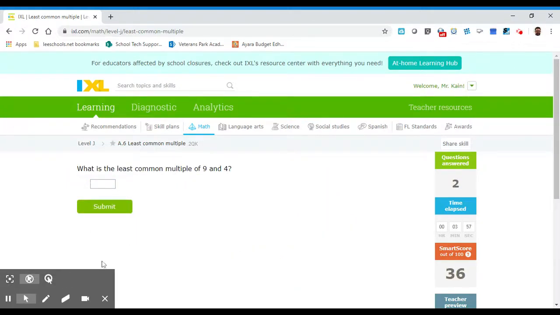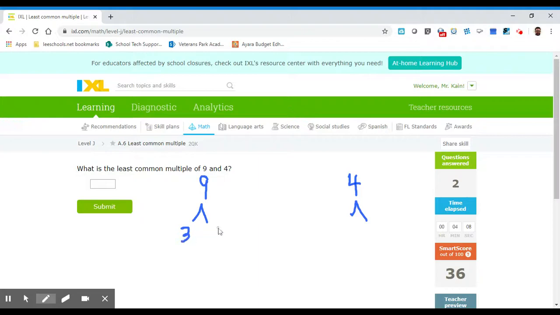Okay, what about 9 and 4? 9 and 4, let's do it. So 9, let's write our numbers down. Let's find their prime factorization, which is 3 times 3 is 9. Both of these are prime. 4 is even, so we'll do 2 times 2. Both of these are prime.